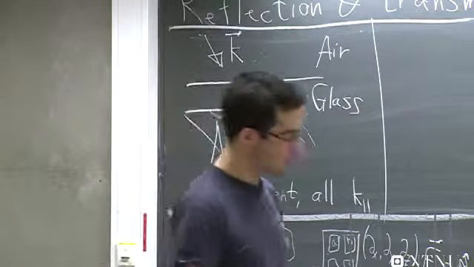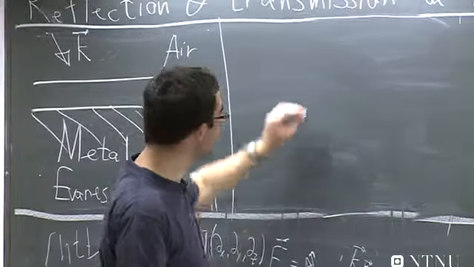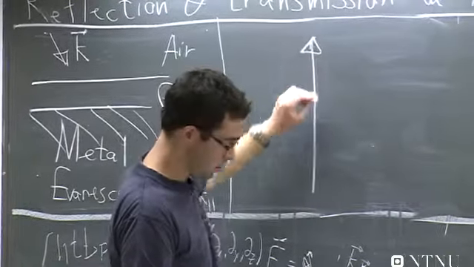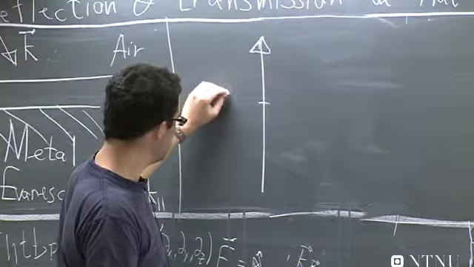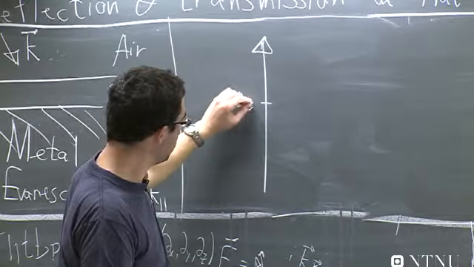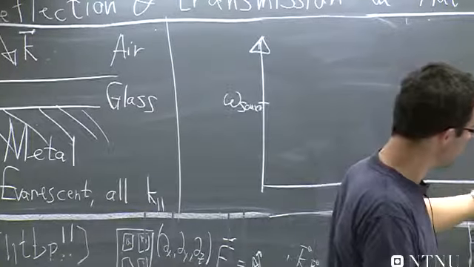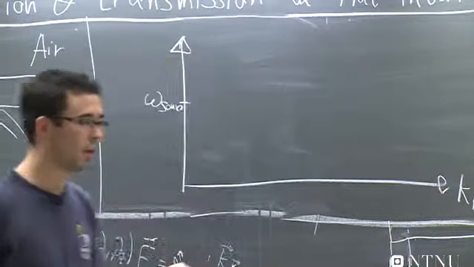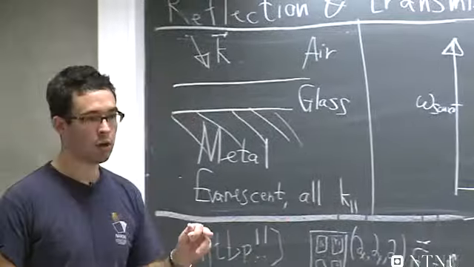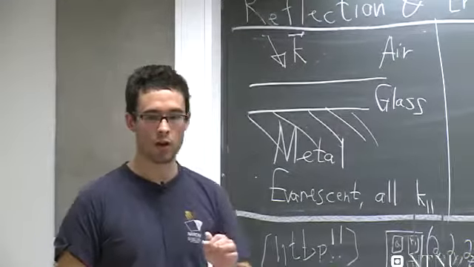Now I can plot the dispersion relation as follows. Let's see, I have my source frequency and K parallel. Now the light line looks different for air and the glass because epsilon and mu is larger in the glass.